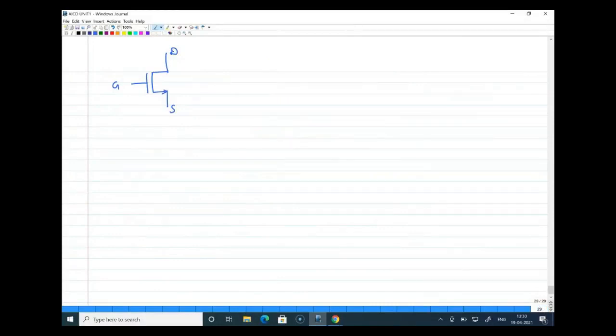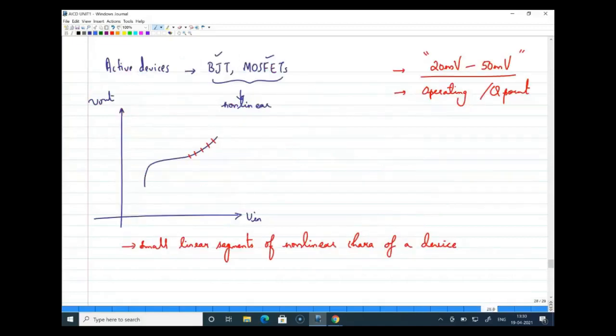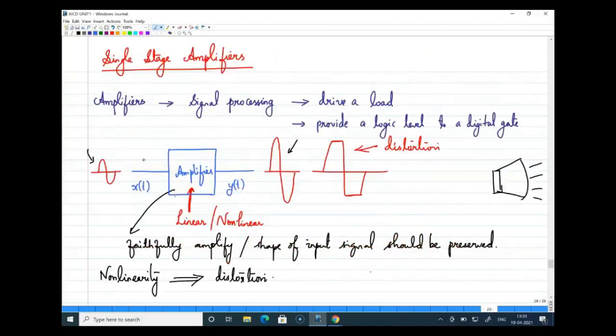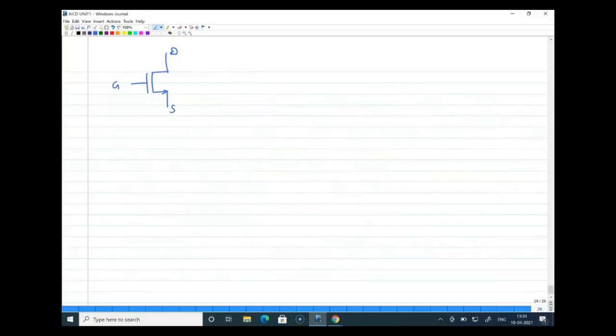All right. So finally, coming to MOSFET, we know that if you want to use it as an amplifier, as we have seen here, there should be one input port, there should be one output port, and both input and output are connected with respect to a common reference terminal.